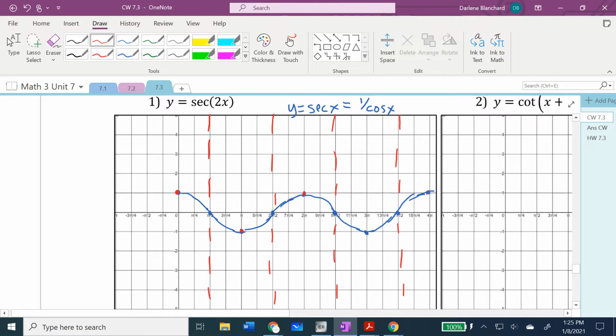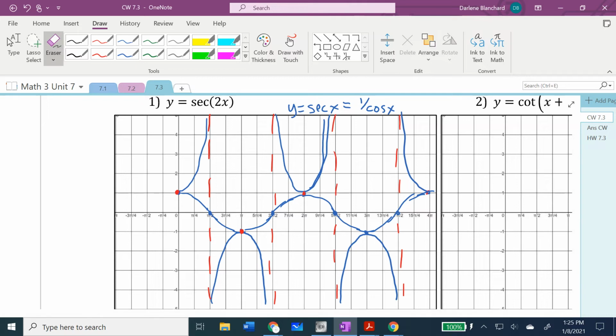And then from there, you want to do your best to remember that the graph basically ends up looking like this. And I'm going to erase my cosine graph just so you can see a little bit more clearly. That this would be 2 cycles of secant x.